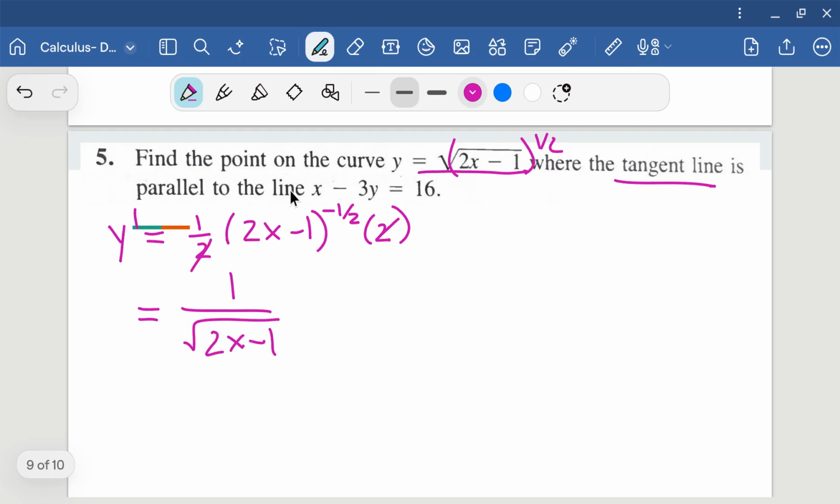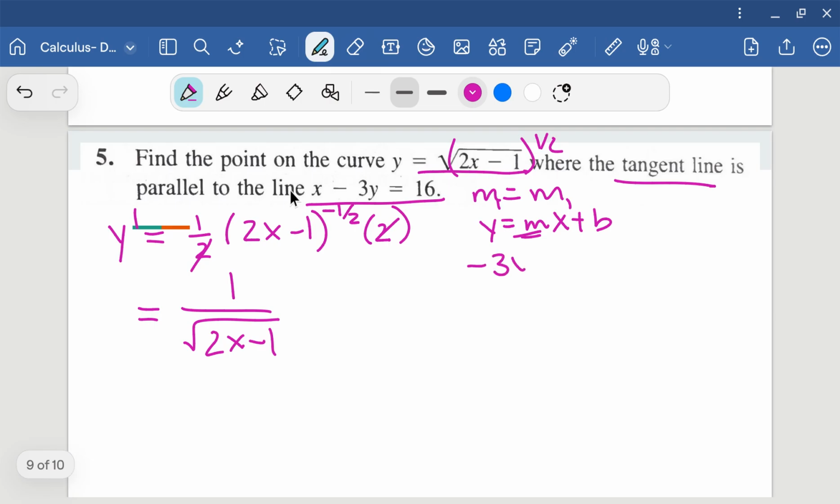Now, if our tangent line is parallel to this line given here, parallel means your slope will be the same. So the slope of our tangent line will be the same slope of this line here. So if we rearrange this to be in y equals mx plus b form, then we know the number in front of the x is the slope. So I'm just going to do that.